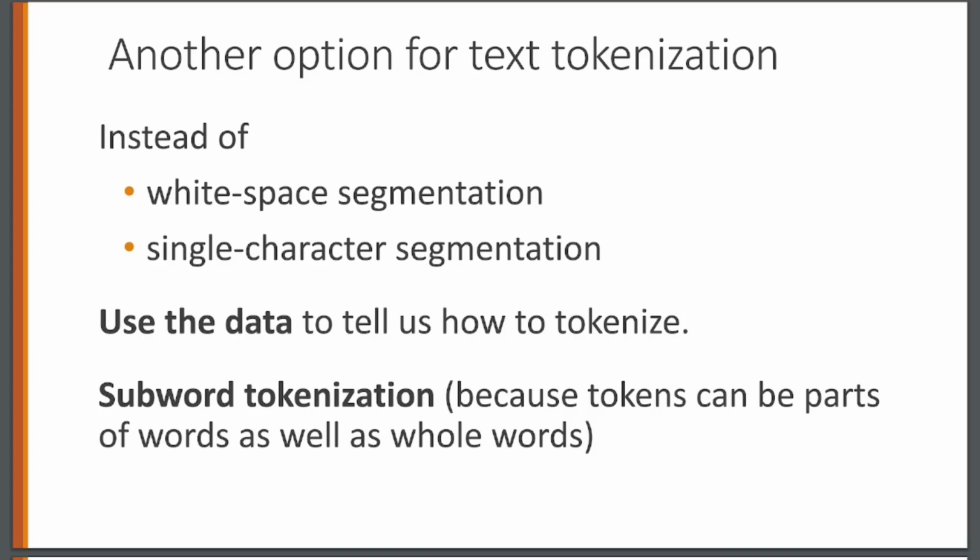So let's try to conceptualize an algorithm which starts with the convenience of single character segmentation, with discrete packets of characters, and works towards a method of tokenizing based on words that doesn't rely on whitespace segmentation.